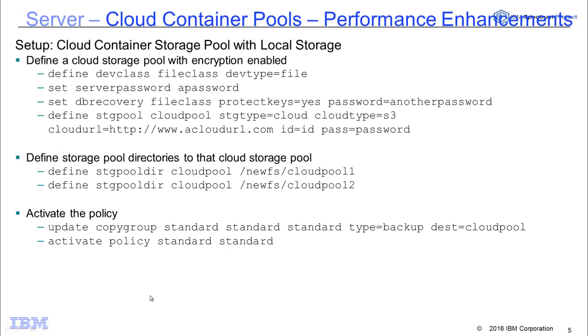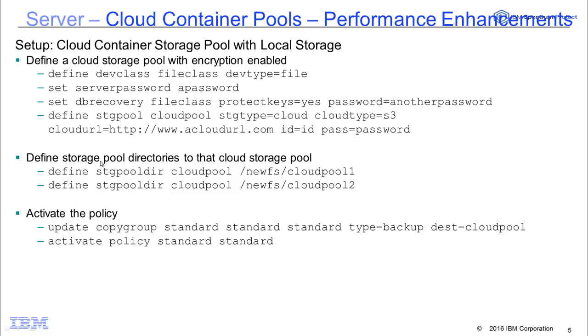The steps to create this directory cache are currently manual. What you'll do is first define a cloud storage pool with encryption enabled. You set up the device class, the server passwords, and the database recovery files for encryption, and then you define the cloud storage pool.